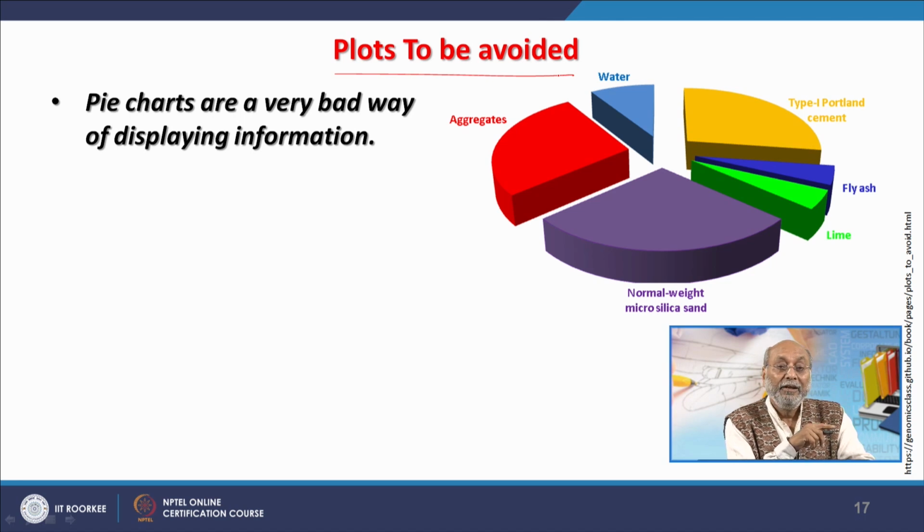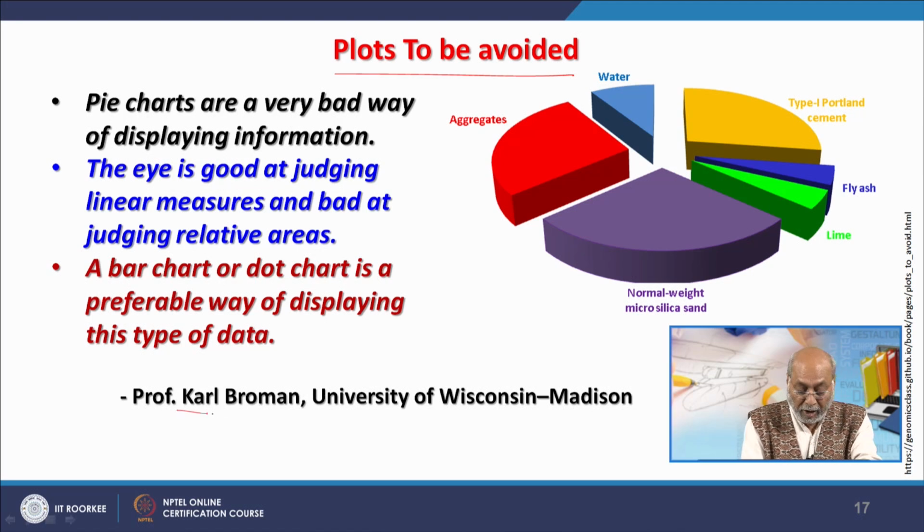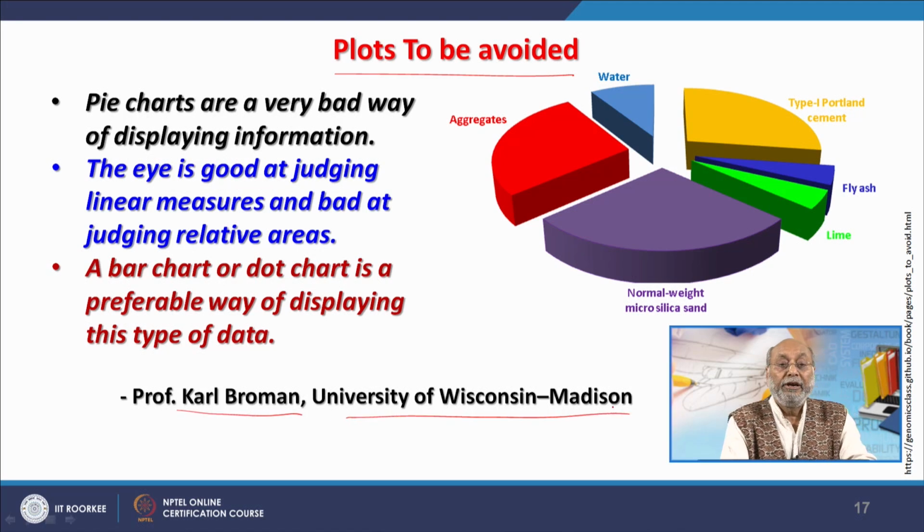Though I have said that one of the ways of preparing graphs is the pie chart, people have mentioned, and I will show the person's name also, that he is Professor Karl Broman, University of Wisconsin, Madison, USA, and he says that the eye is good at judging linear measurements and bad at judging relative areas like in pie charts. And the bar chart or dot chart is the preferable way of displaying this type of data.